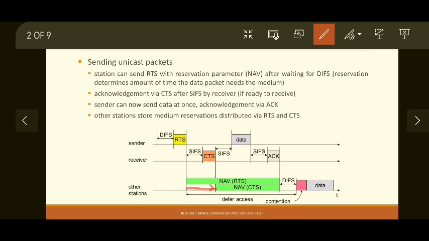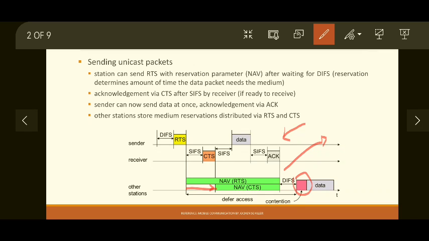Okay, so after complete transmission of packets or after a complete communication, other stations understand that NAV is completely over. Now they can access a medium, so they will wait for DIFS amount of time, and after that contention period will start.